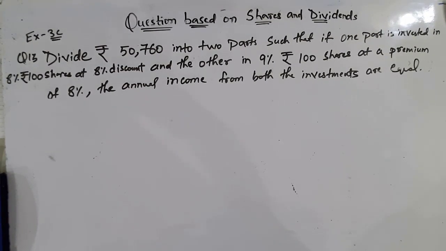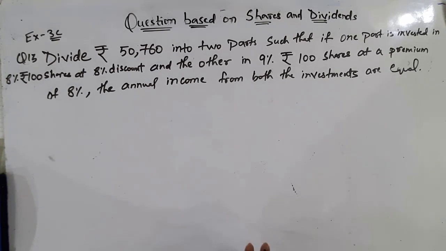Now the next question is question 13 of exercise 3C. Divide rupees 50,760 into two parts such that if one part is invested in 8% rupees 100 shares at 8% discount and the other in 9% rupees 100 shares at a premium of 8%, the annual income from both the investments are equal.